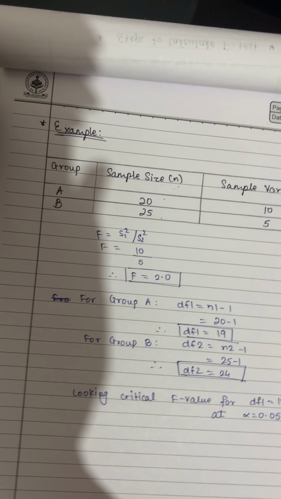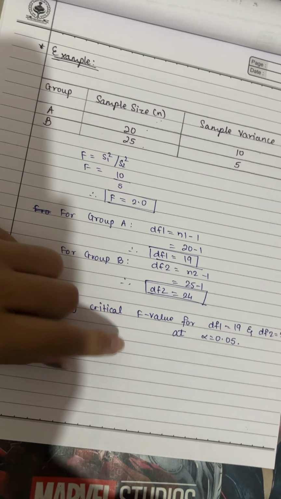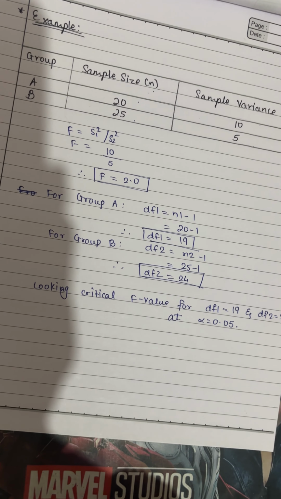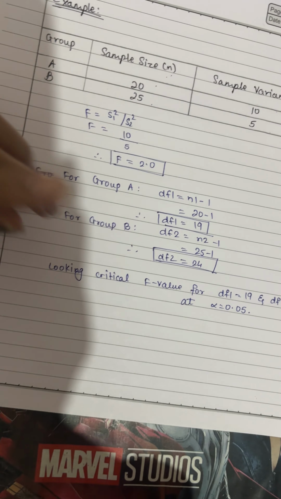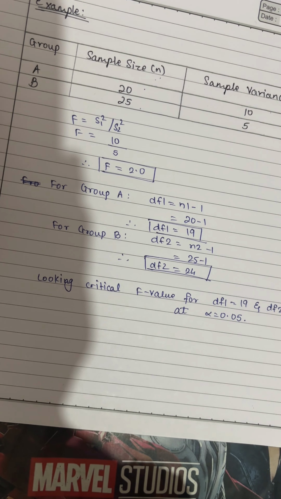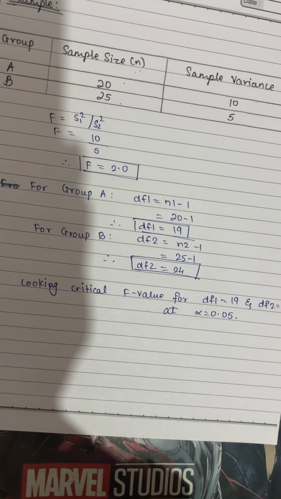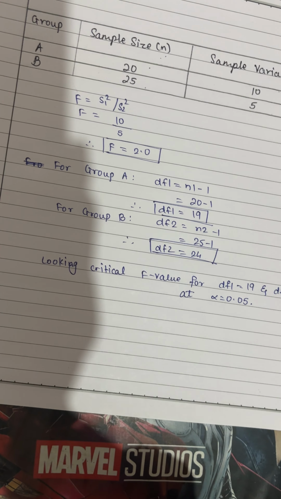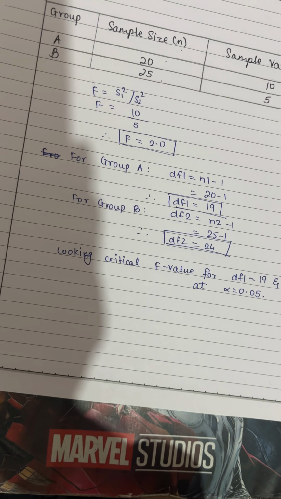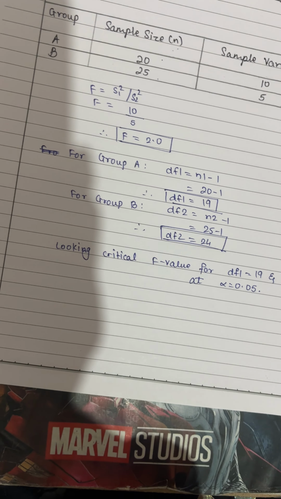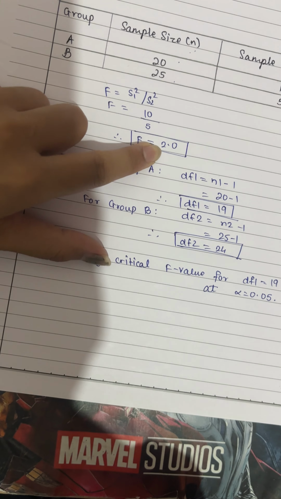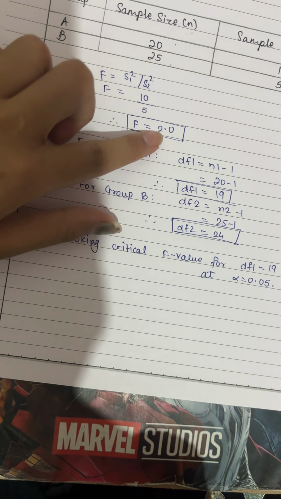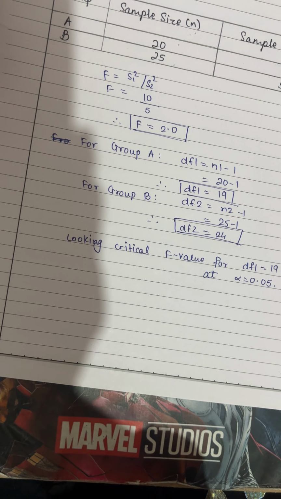And then we decide: if the F value is greater than the critical value, we reject the null hypothesis. The same conclusion we repeat: if F is less than or equal to the critical value, we fail to reject H0 and say that variances are equal. Now here the F value is greater than 1, right?